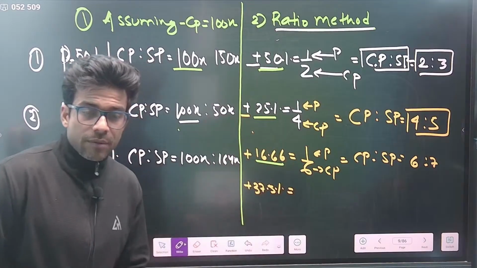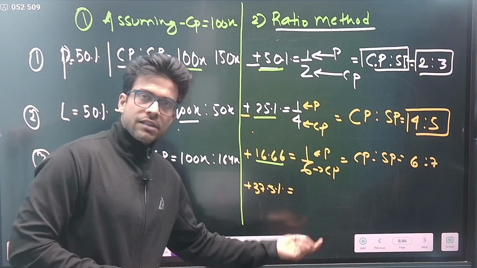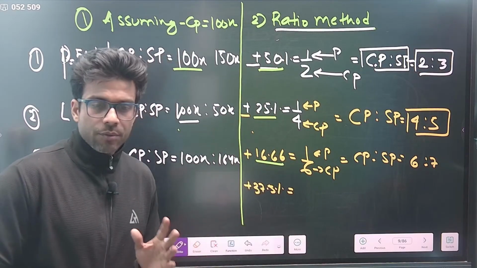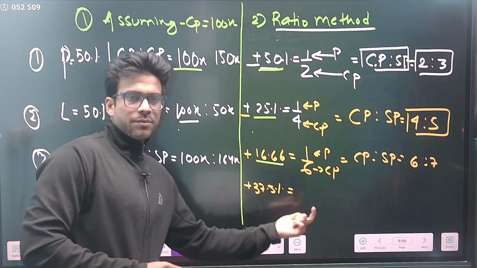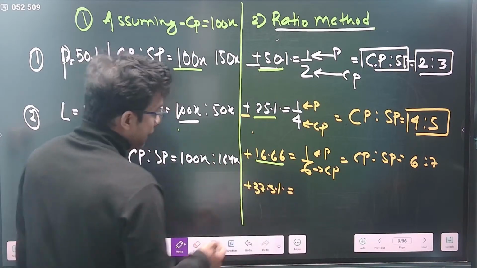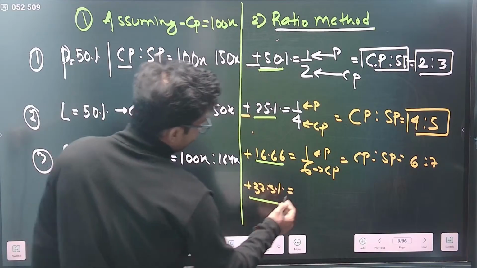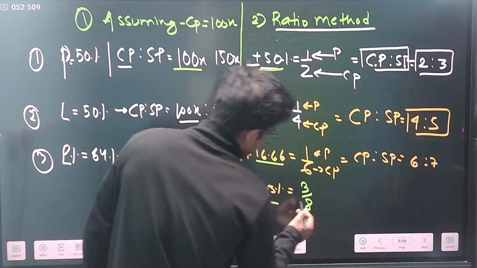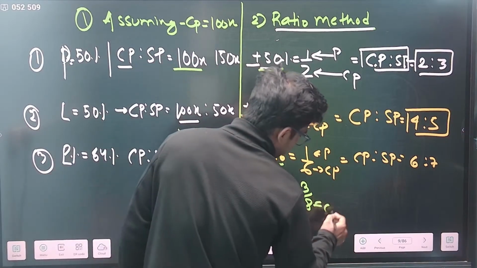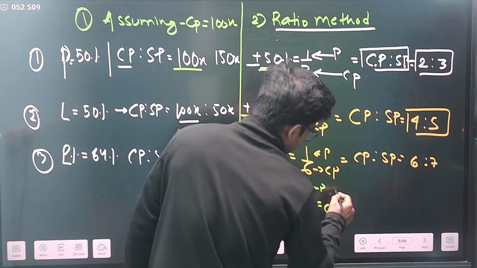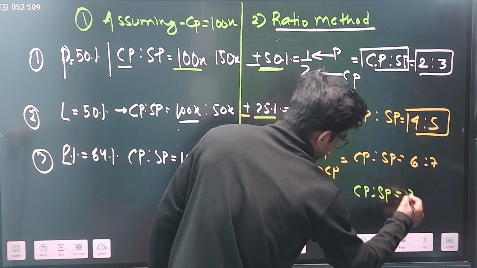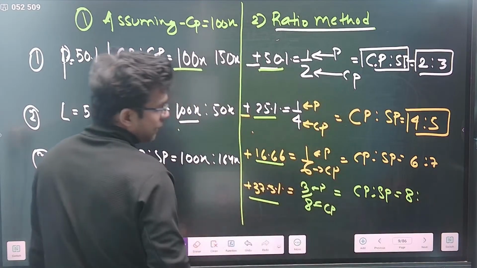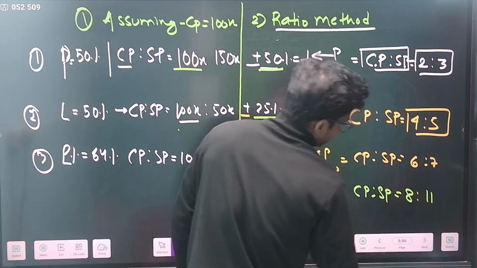If you don't remember the fractional part of the percentage, you cannot solve the problem. I hope you're getting my point. Like I can directly say that 37.5% is basically 3/8. And if it is profit, this is my cost price and this is my profit. So the ratio of cost price to the selling price: my cost price is basically 8, and 8 plus 3 is 11. So my selling price becomes 11.